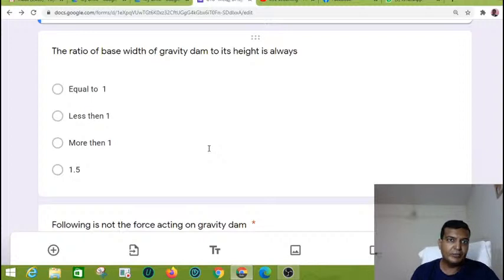The ratio of base width of the gravity dam to its height is always. This is specifically designed for gravity dam.